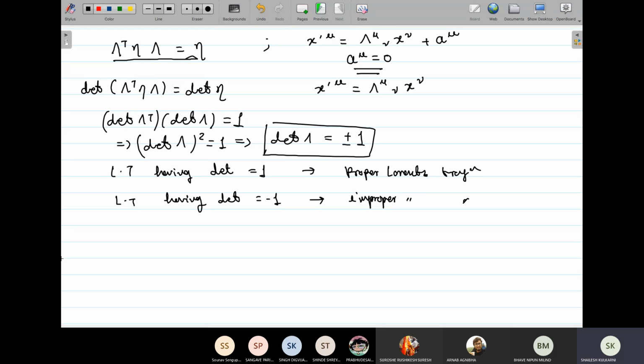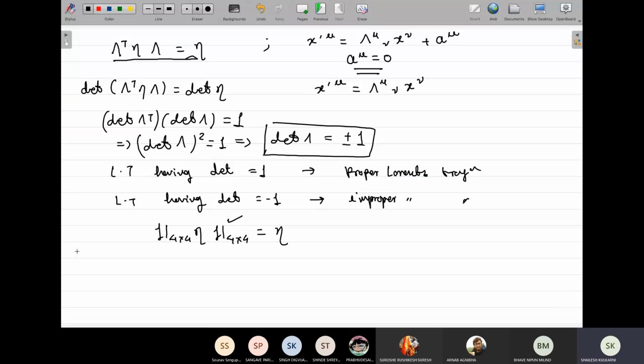The identity transformation is a Lorentz transformation, because in the Lorentz transformation we derived in our first two classes, I can put v equal to 0. If you write the four-dimensional matrix for that, I get the four-dimensional identity matrix, which obviously satisfies this criterion. Hence, the four-dimensional identity matrix is a Lorentz transformation.